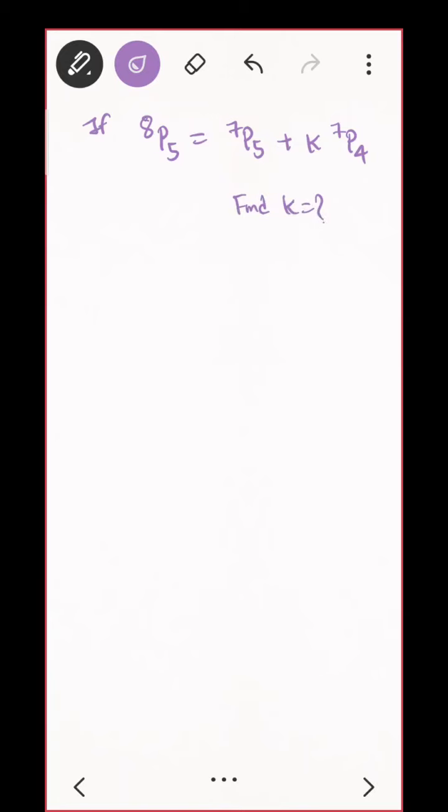See, in this type of question you must use your formula. That will be quite easy. Or if you want to use the direct method, then also it is okay. Just try to do it. Find the value of k. Complete it and just tell me. I'll recommend here to use the formula.